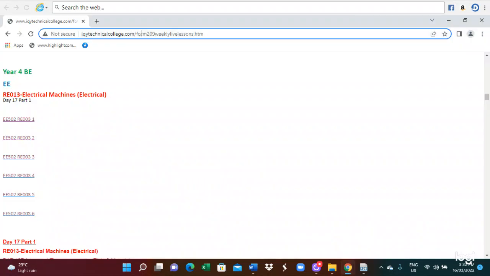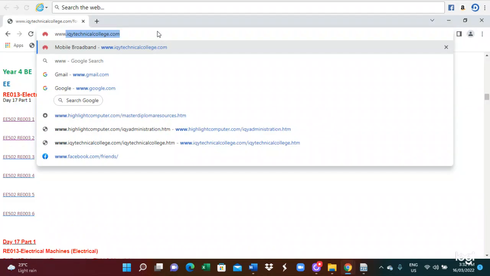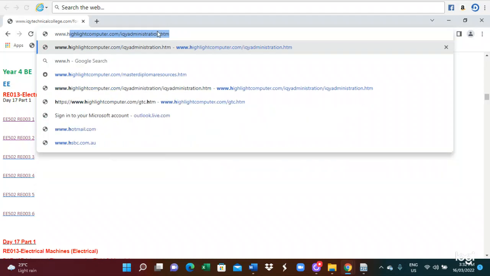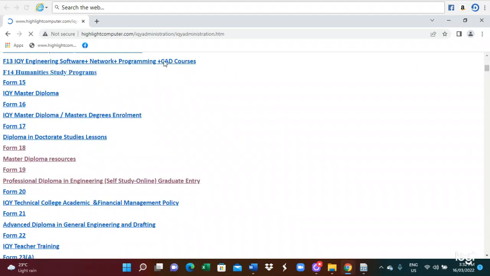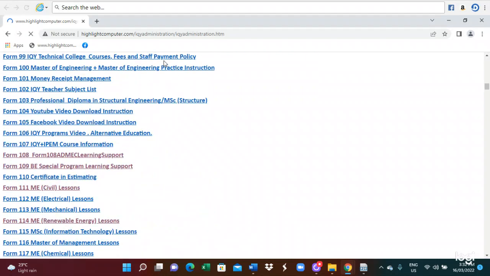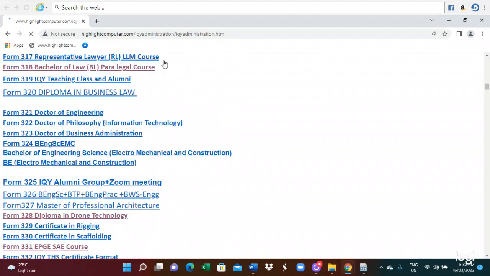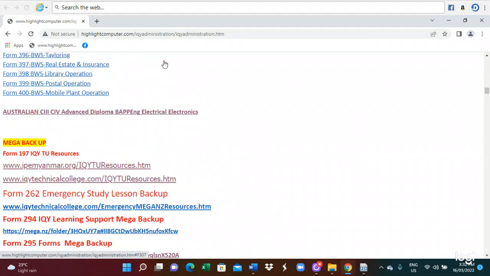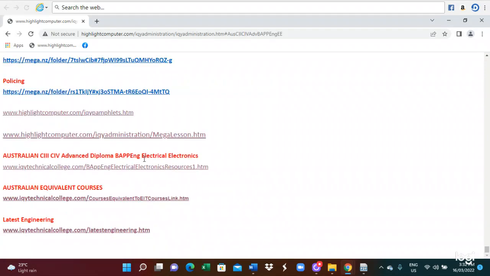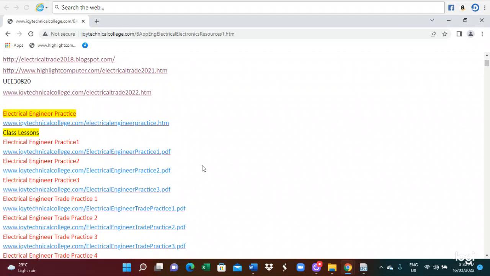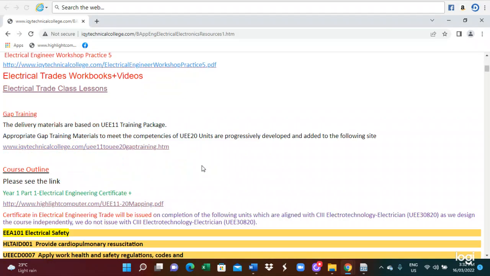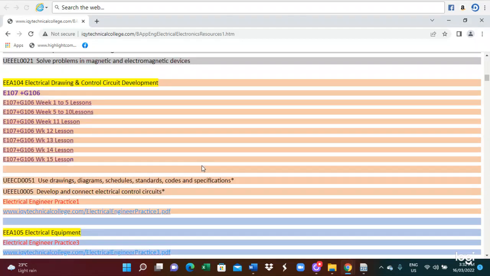Then the electrical electronic associate. Then we find the diploma, advanced diploma in electrical engineering.